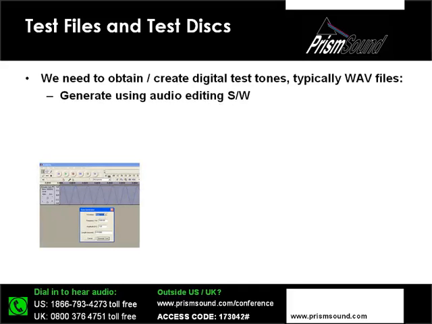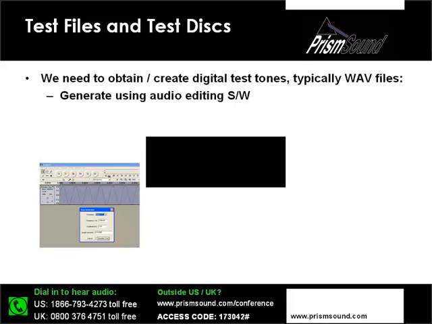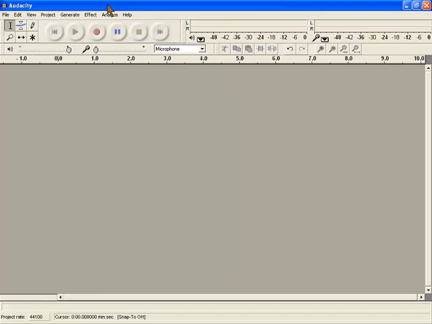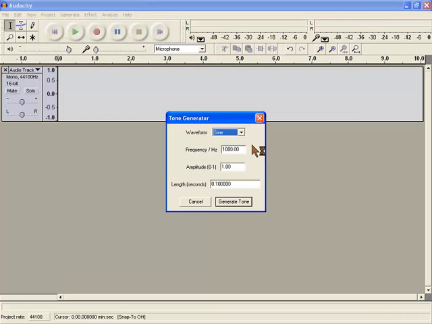So how do we create this file then? Well, one option is to use some audio editing software, and I've just got a very quick example here. This is actually a freeware audio editing system called Audacity that allows me to do things like generate a test tone here. I can choose my frequency, let's choose 500 Hertz and a length of 250 milliseconds.